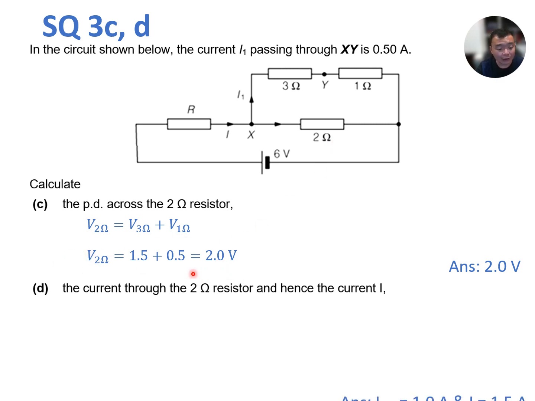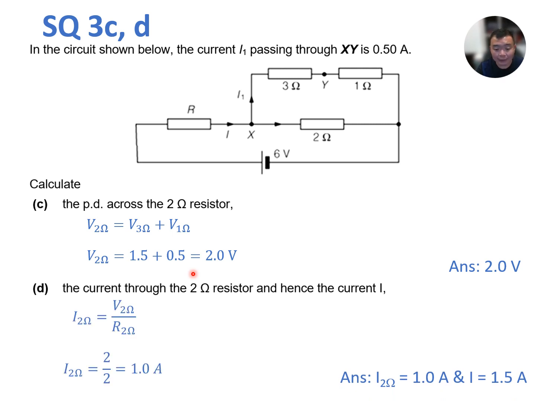So you can just apply Ohm's law to calculate what is the current that passes through the 2 ohm resistor. And the total current is simply the sum of I1 and the answer that you got here. Because in a parallel branch, the current that flows into a junction will flow out and the values must be consistent. So adding up the two currents, you get a total current of 1.5 amperes.